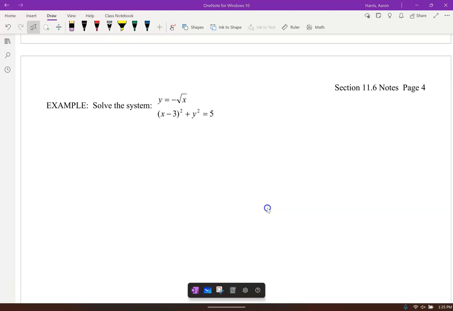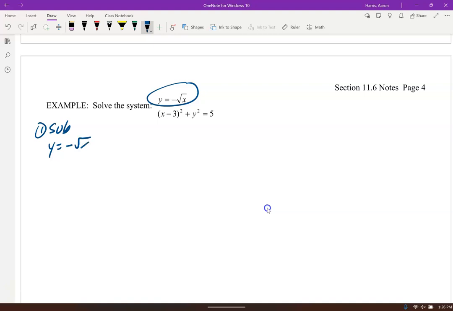y is negative root x. I'm going to use substitution. I've already got y solved for. So substitution, I already know y is negative root x. Let me throw that in for y.